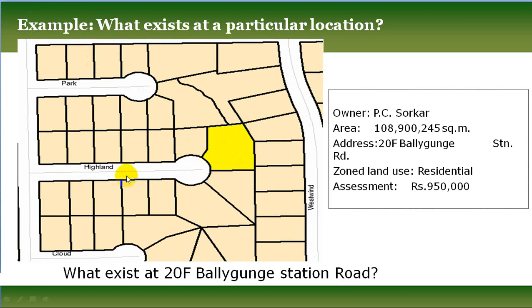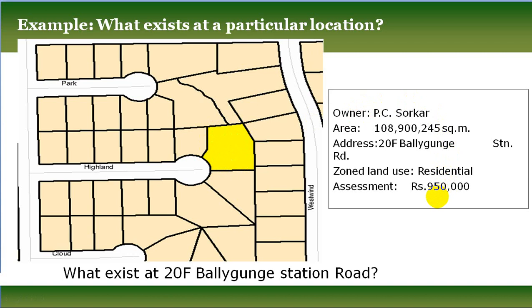So among all those holdings, this is the holding where the address is this. Not only will it show you this particular holding in a highlighted way, it also shows you the attribute information: who is the owner, how much area is there, what is the assessment cost.